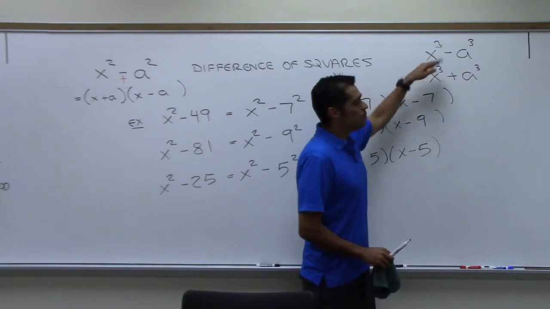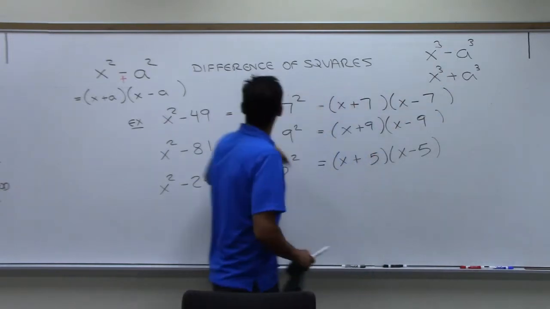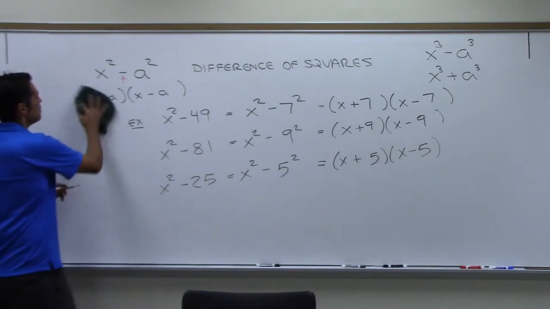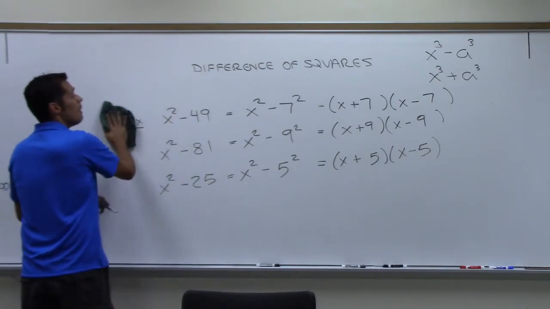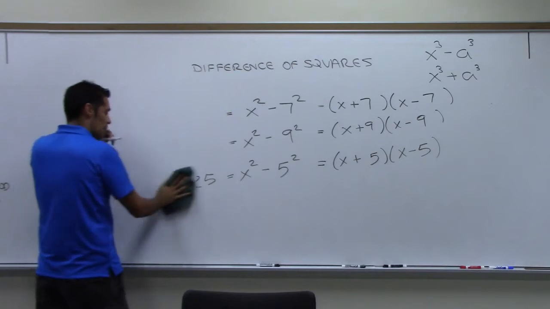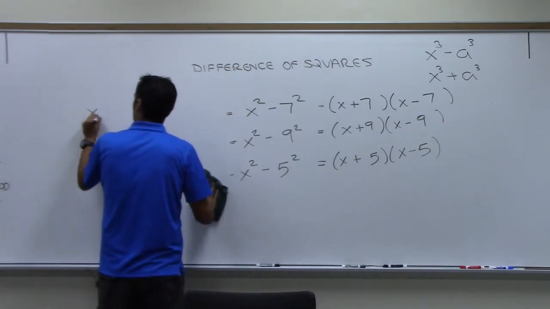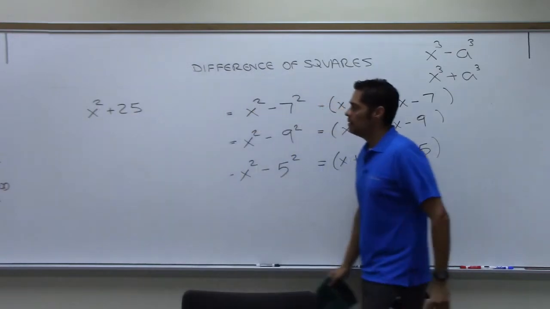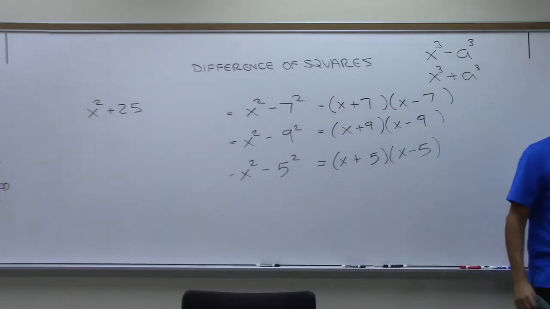When you have the cubes, there's a formula for both. When it's squared, there's only a formula for subtraction. If it's a plus, you can't do it. So if someone wrote down, hey, factor that, you'd actually say it's prime, not factorable.